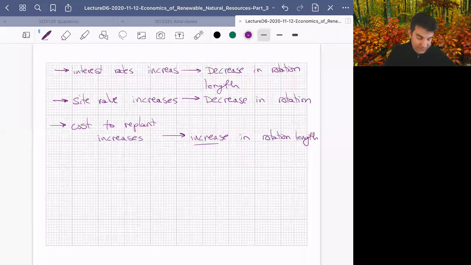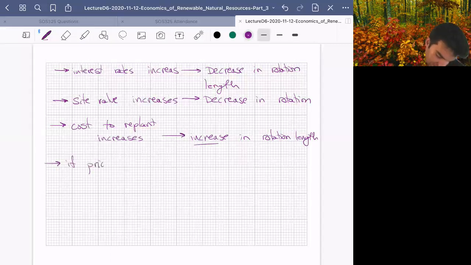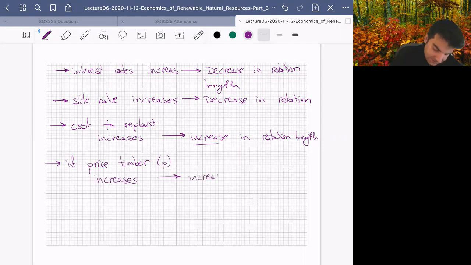And then other things, like if the price of timber, so P, increases, then you get an increase in rotation length. Professor, I got a question. Yep.